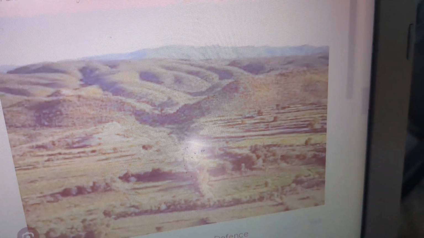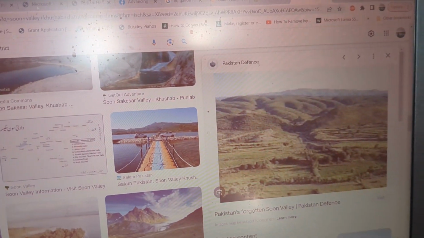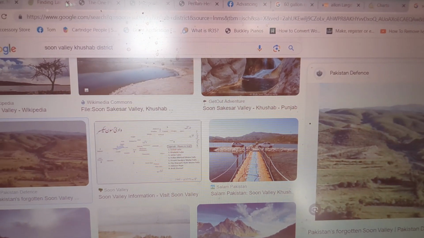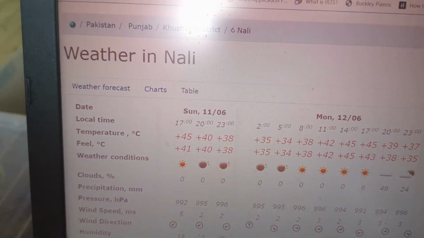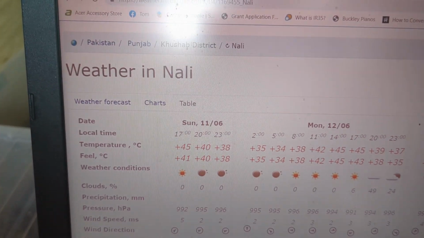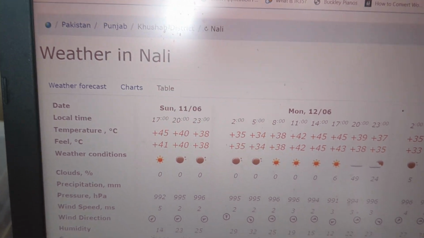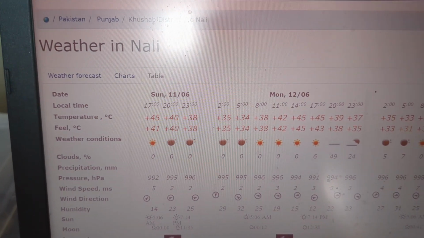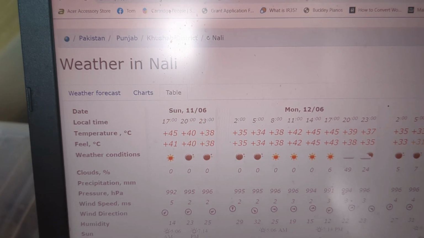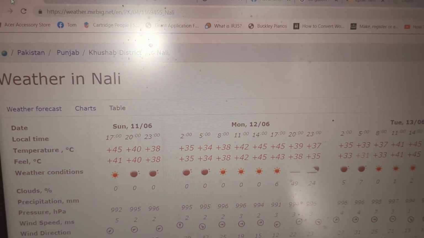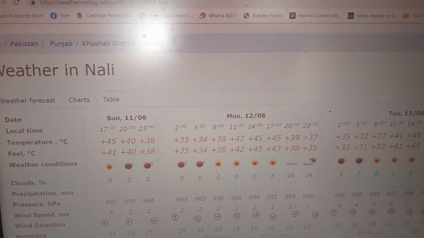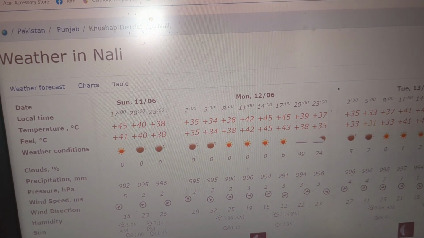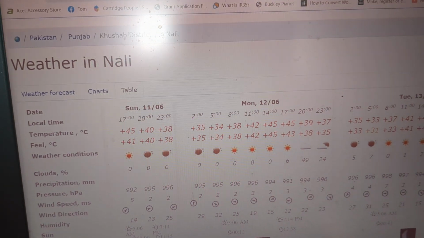Okay, so the weather. So Nali is a village located in the Soon Valley. Yeah, and there is mountains close by. The Salt Range Hills are close by. It's pretty much right by the Salt Range Mountains.